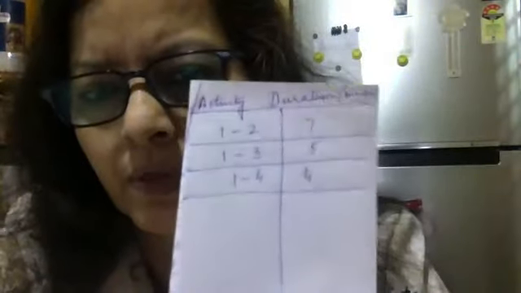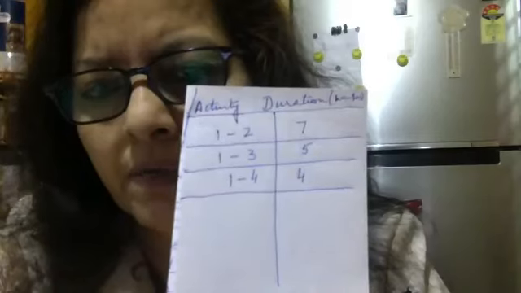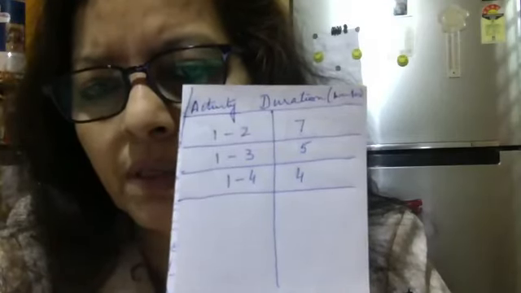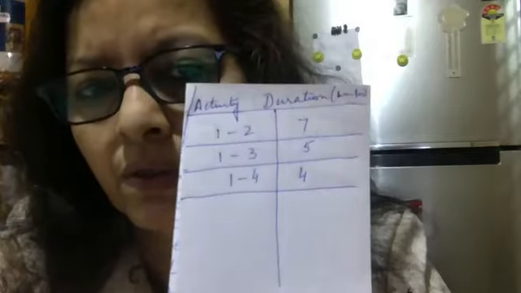Followed by 1 to 4, duration is 4. Alright, everybody. Activity 1 to 2, duration is 7 weeks, and so on it goes.